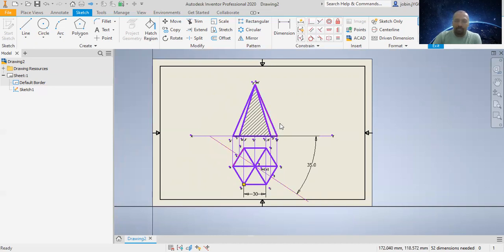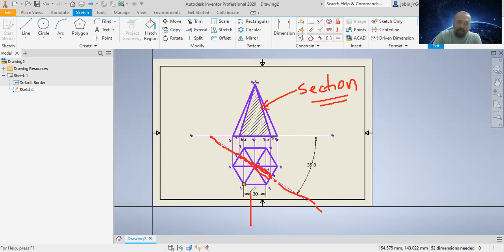This hatched portion is the section. Actually I am cutting here, and this cut portion is the section.